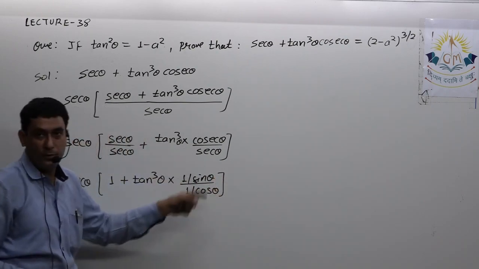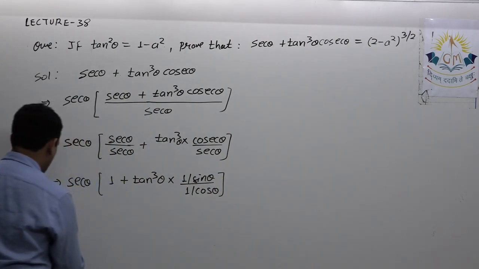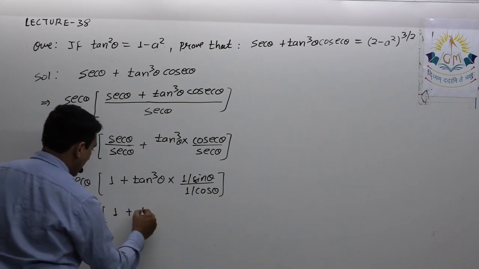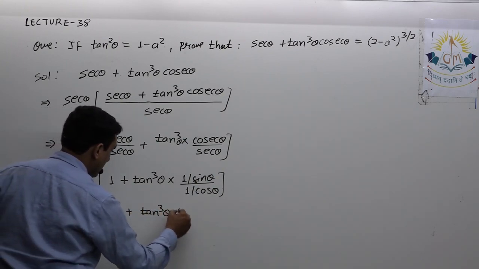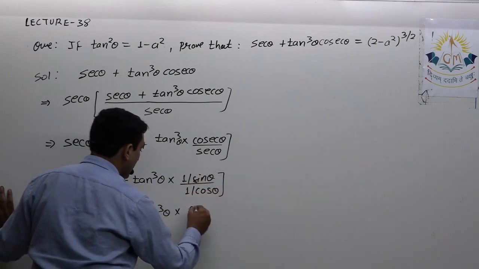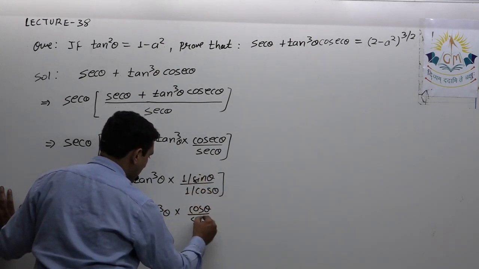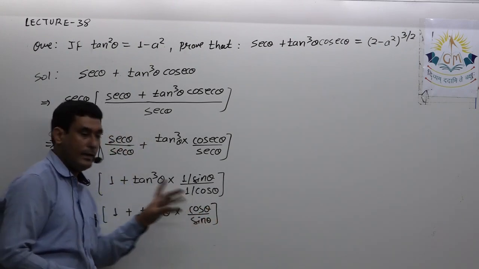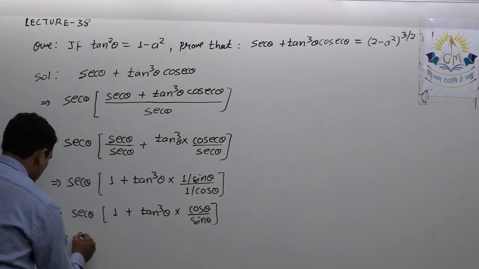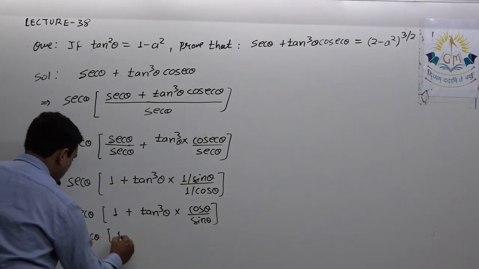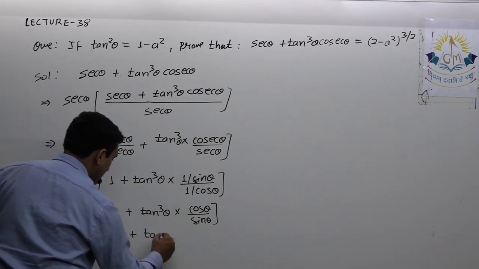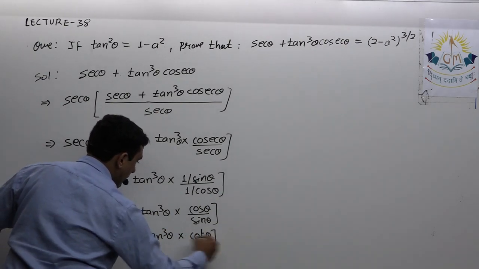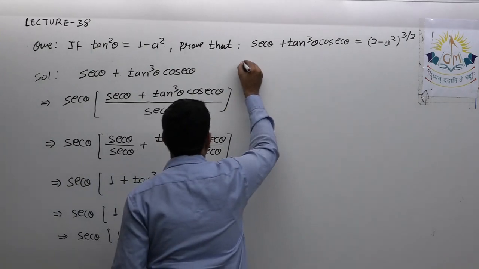I converted the ratios in the form of sin and cos. So here I got sec theta multiplied by 1 plus tan cube theta. Over here this cos theta comes in the numerator, this sin theta comes in the denominator, and this cos upon sin becomes cot theta. So sec theta into (1 plus tan cube theta) into cot theta, and cot theta can be written as 1 upon tan theta.